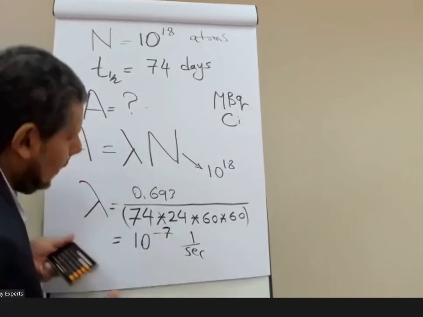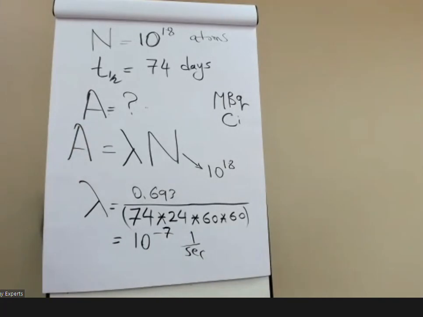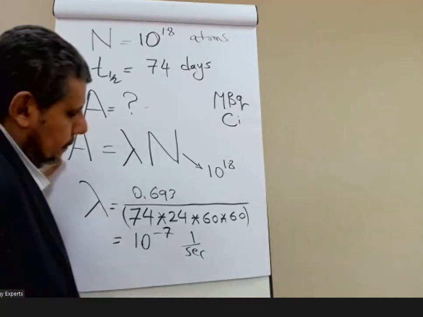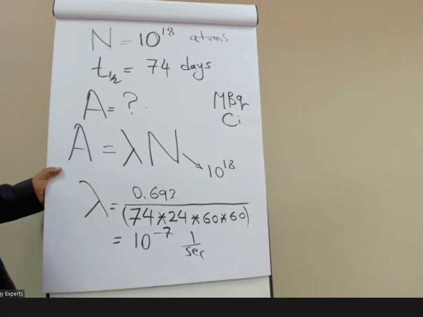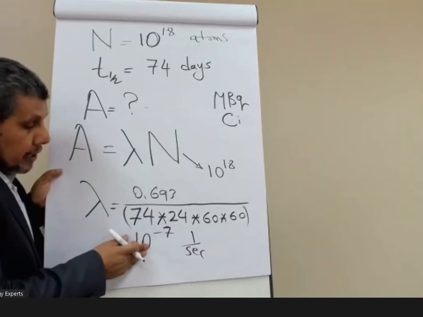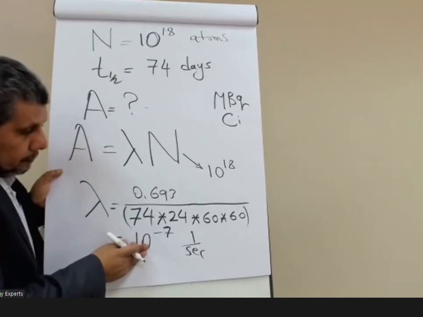About 10 to the minus 7, 1 over second. This is the decay constant.